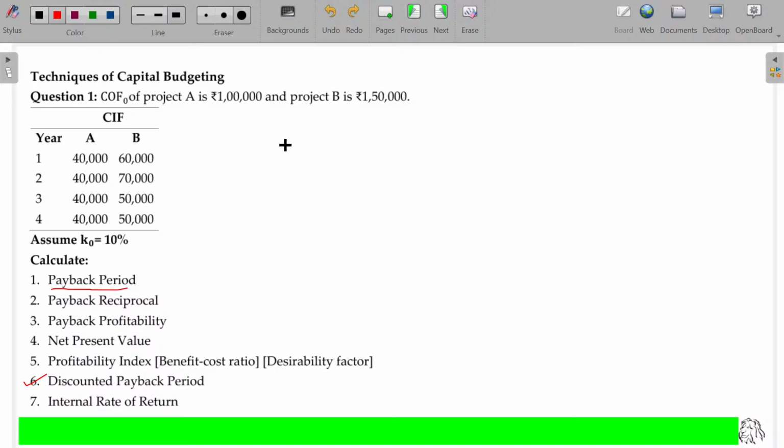So let's see. In case of project A, year by year, what about the 10% PV factor here? 0.909, 0.826, 0.751, 0.683.